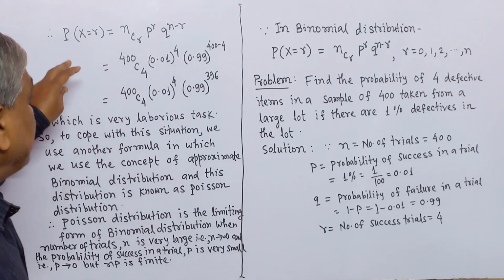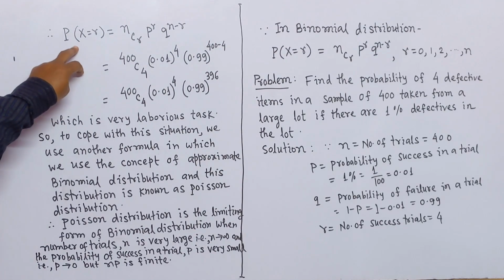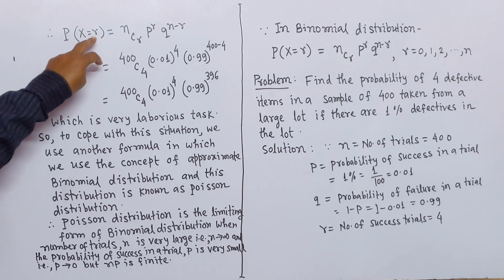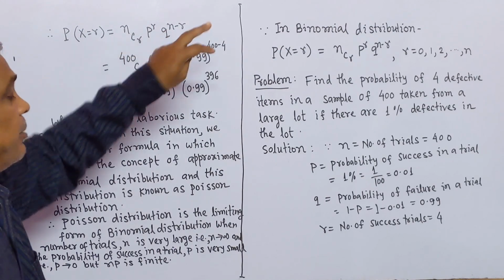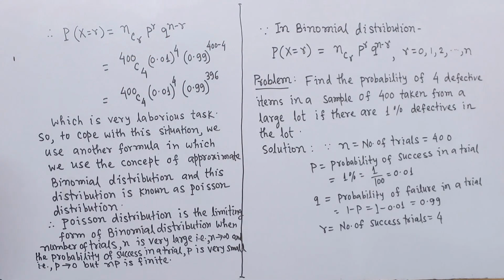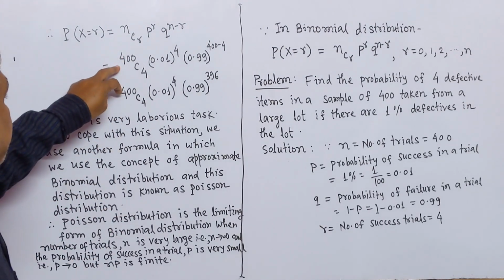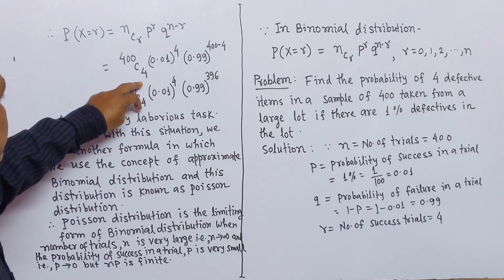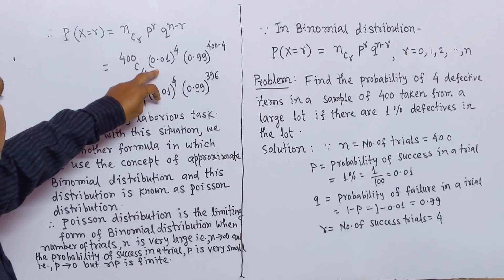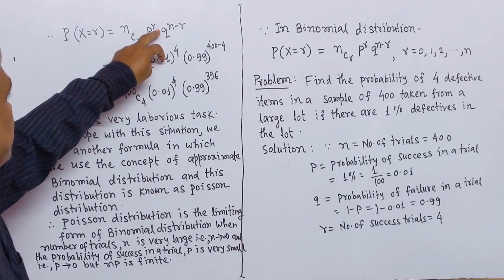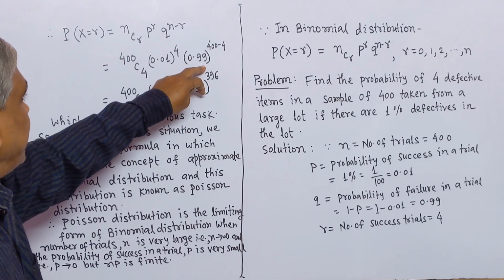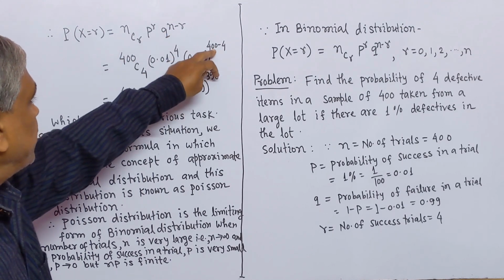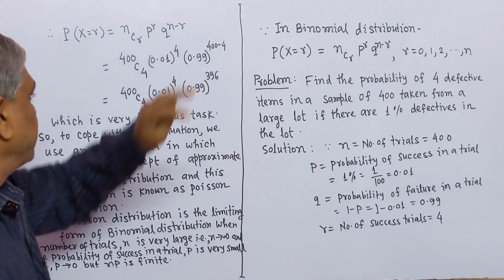Now we use the formula for binomial distribution. Probability for X equal to r is nCr p to the power r q to the power n minus r. Here n is 400, r is 4, p is 0.01 to the power r equal to 4, q is 0.99 to the power n minus r, that is 400 minus 4.